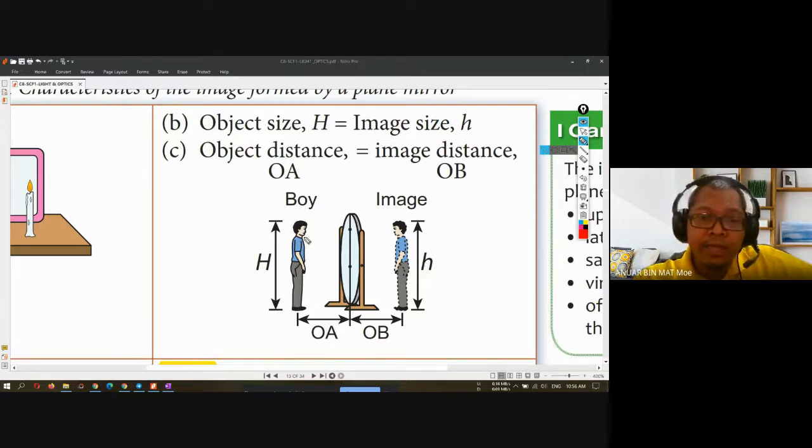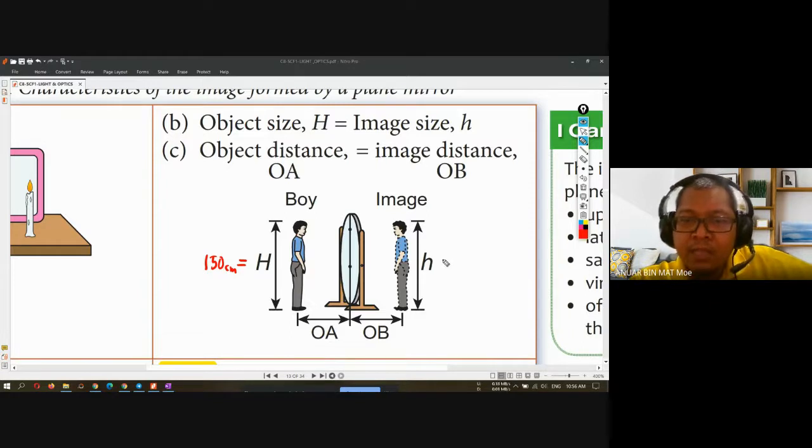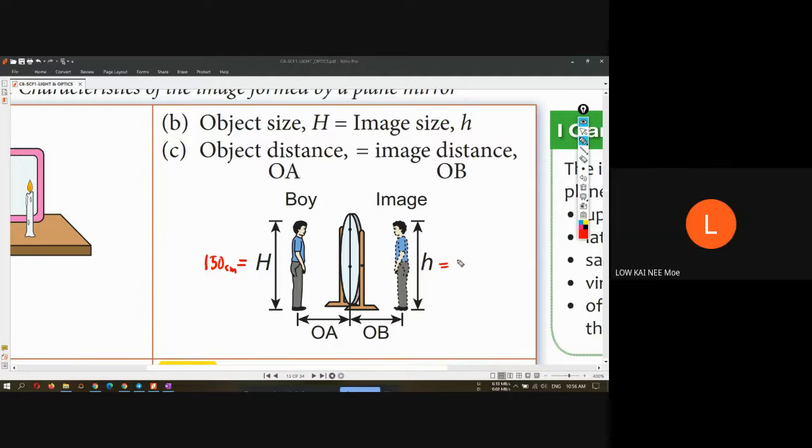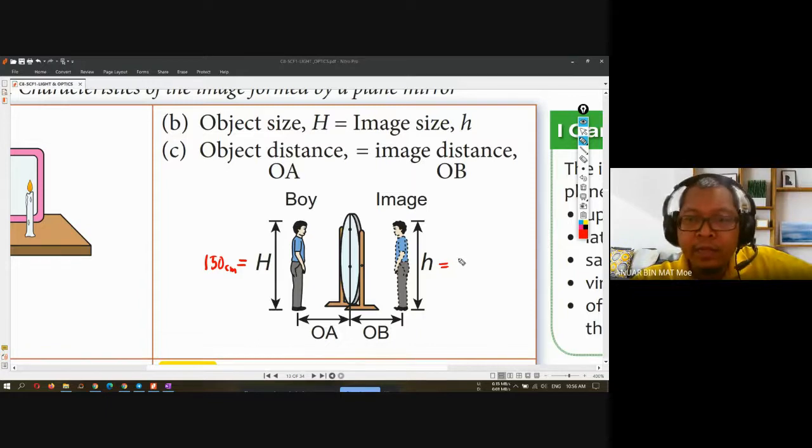So, for example, if the height of the boy here is about 150 centimeter, so what is the height of the image formed in the mirror? What is the height? 150. Okay, very good, very good. So thank you for your response, class. Also 150 centimeter because you are using plane mirror.